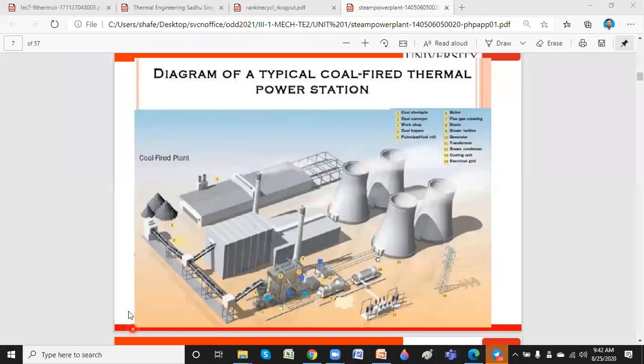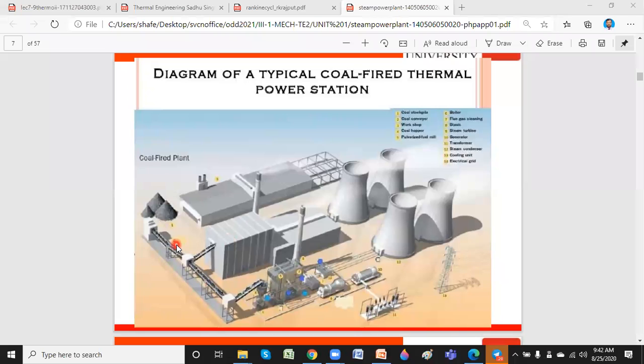Okay, now to start with, one is nothing but your coal storage. You can see here the coal is being stored. Then that coal is taken from this storage unit by means of conveyor belts to the boiler room. So the second is the coal conveyor.